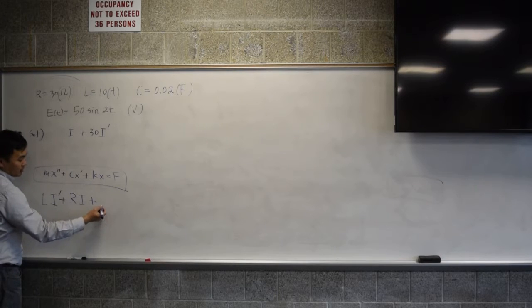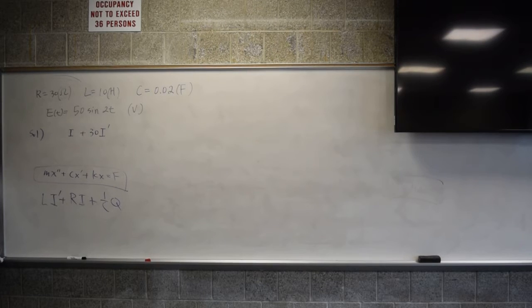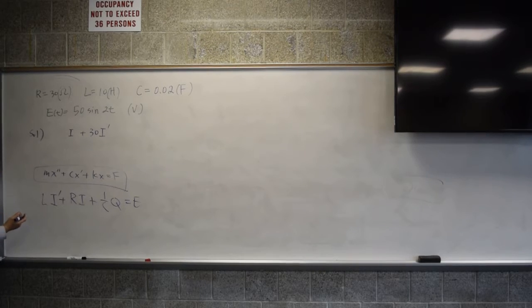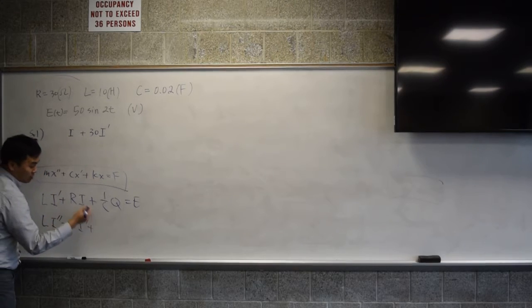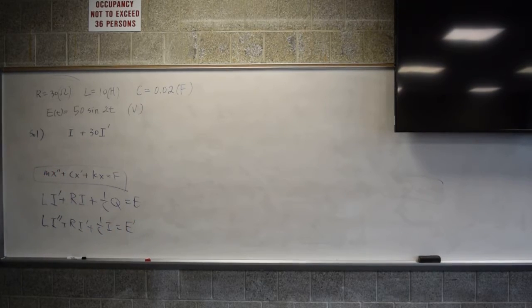And 1 over C times Q, that's the voltage consumption across the capacitor, and equal to E. That's actually the master equation for this system, but you have to differentiate this to get an equation for I, because you get I double prime, R I prime. Then if you differentiate Q, the charge, you get what we call the current, right? Current is a flow of the charge, so it's the rate of change of the charge. So it's 1 over C times I equal to E prime. So that's the master equation we have to use.